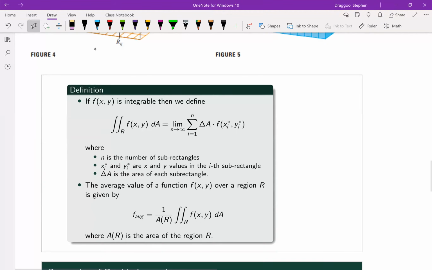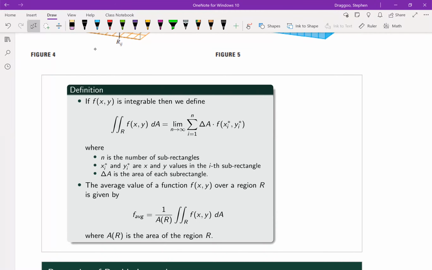So as long as we have an integrable function f, then we can define the double integral as the limit as n tends to infinity of the sum from 1 to n of delta A times f of xi star and yi star, where n will be the number of subrectangles that we break down into.